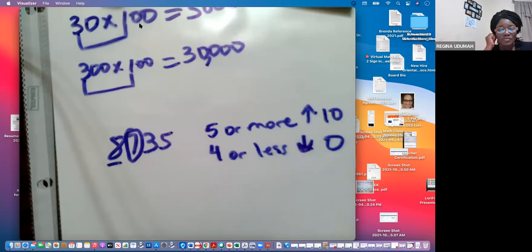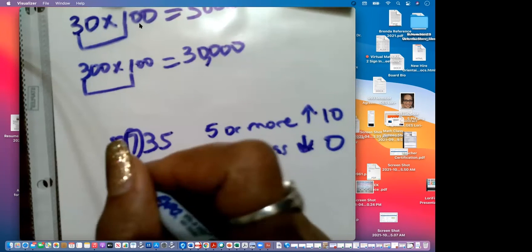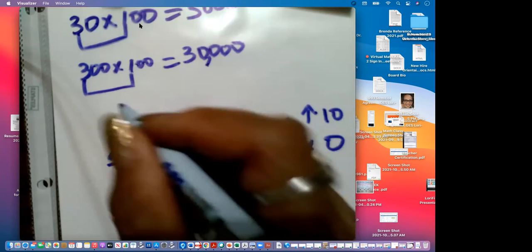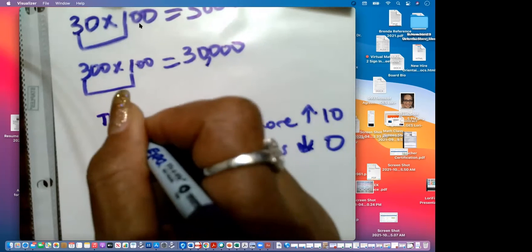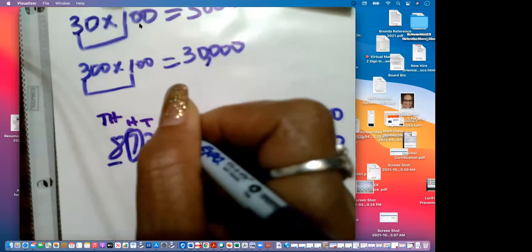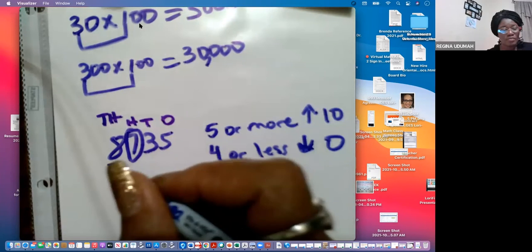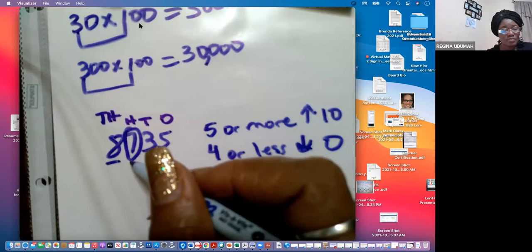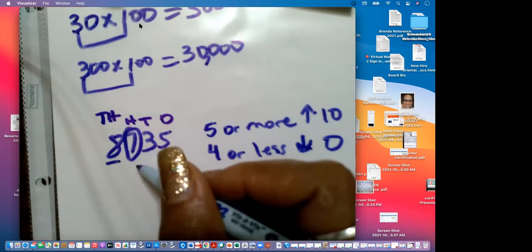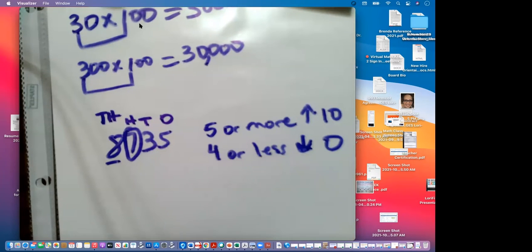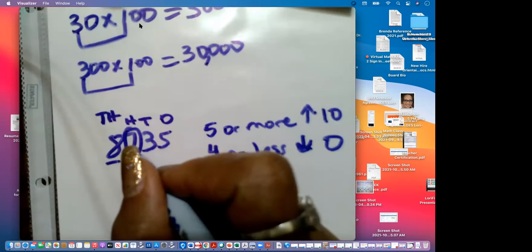Okay, let's go back to this problem. 8 is in our thousands place. The place to our right dictates if we're going to round up or down. That place is our hundreds place.